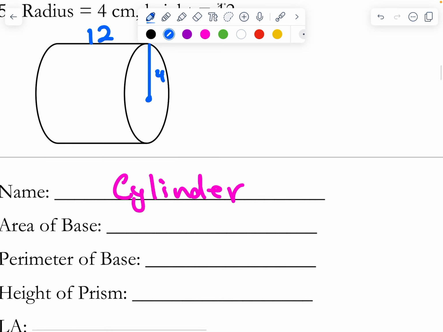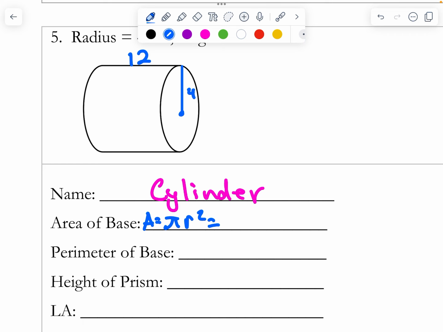Remember, area of the base is pi r squared. So in this case, it's pi times 4 squared, which is just 16 pi centimeters squared.